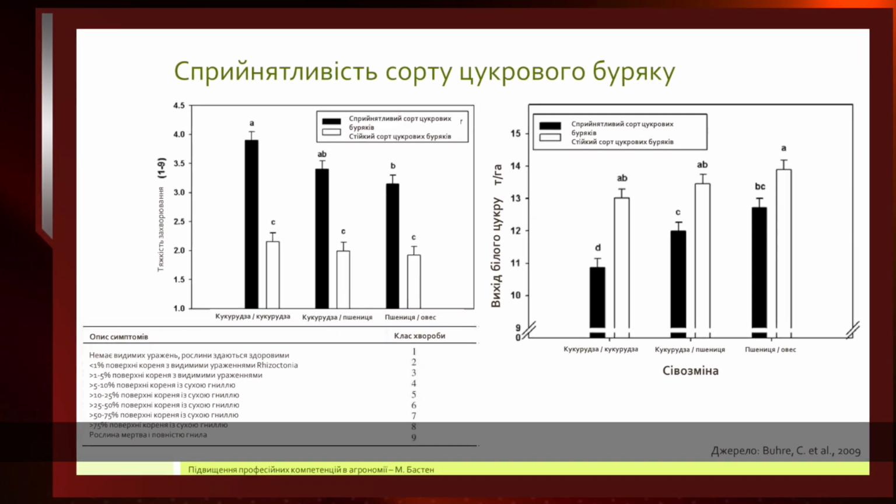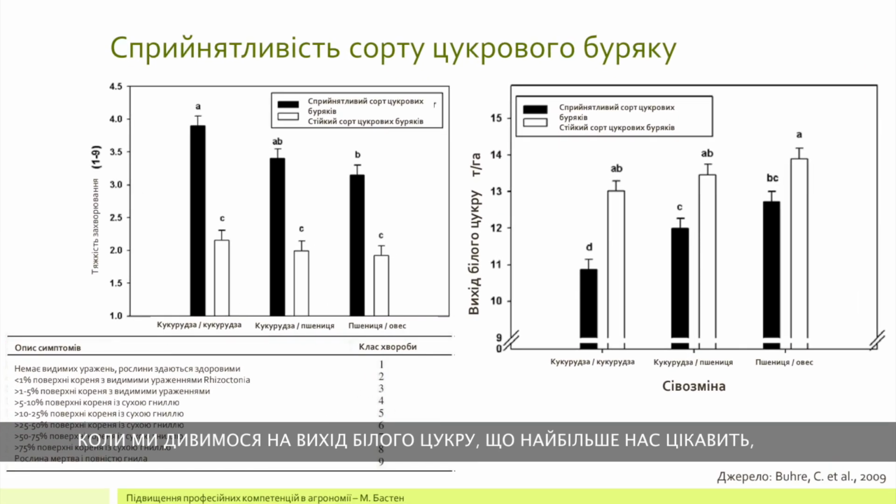When we look at the white sugar yield, the one which interests us the most when it comes to the economy of the crop, if we have a resistant crop, the response to the rotation is very weak. There's no significant difference in the yield, even though there's a trend towards high yield with 2 cereal crops in a rotation.